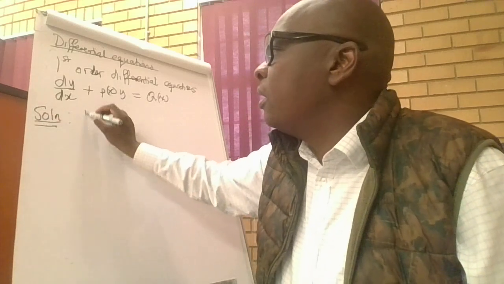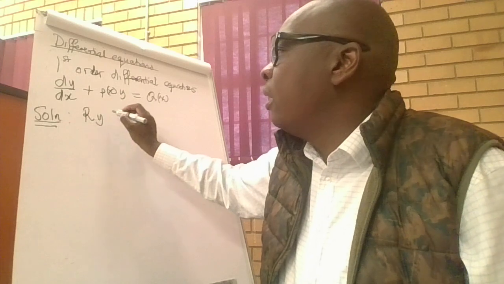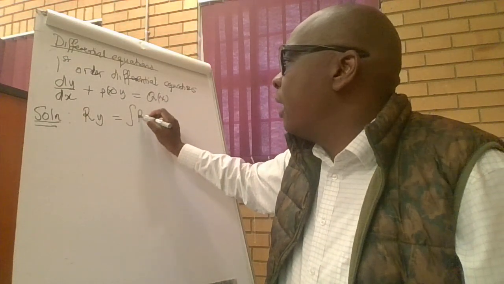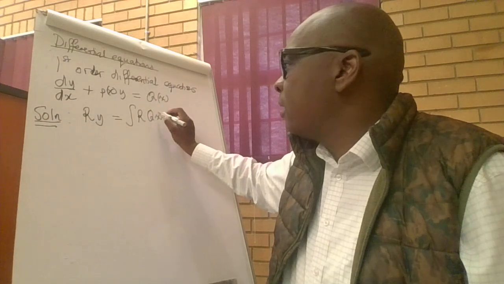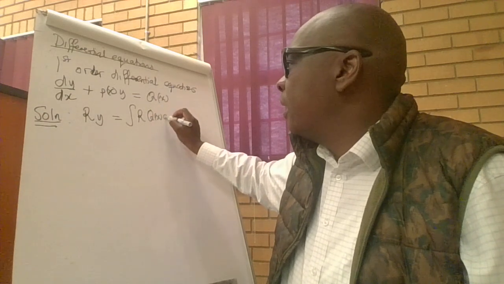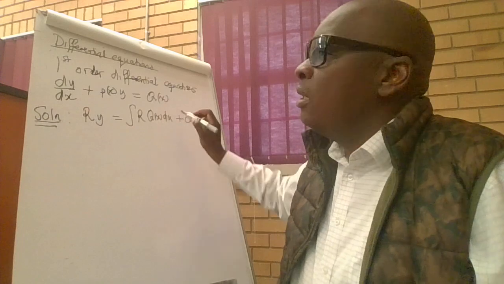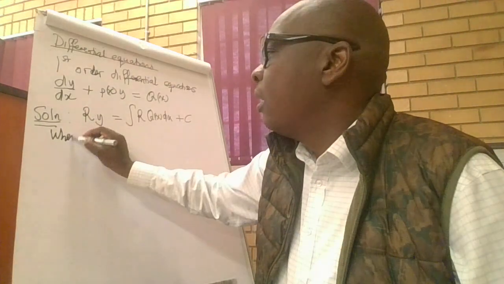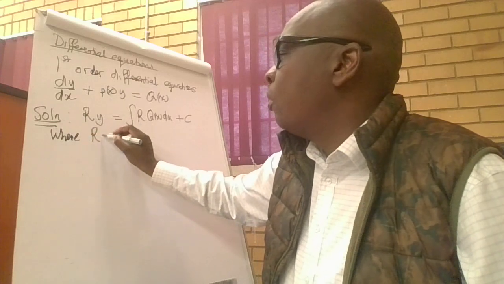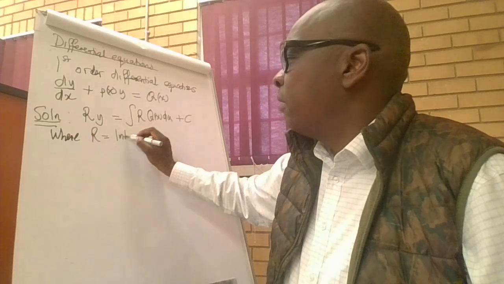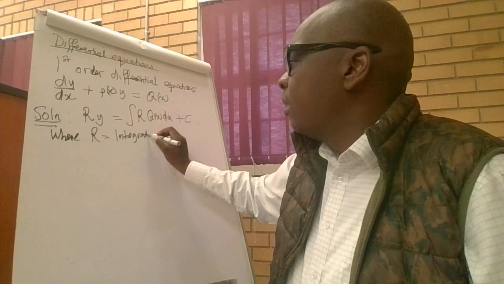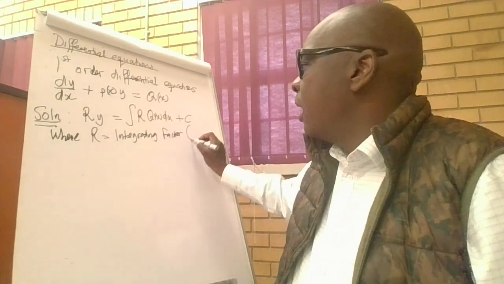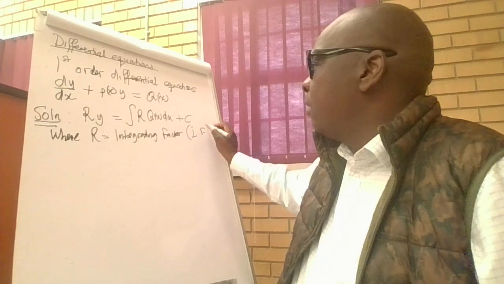And the solution is given by R y equals the integral of R q(x) dx, and of course plus c, the constant of integration, where R is what we call the integrating factor, sometimes abbreviated as IF.